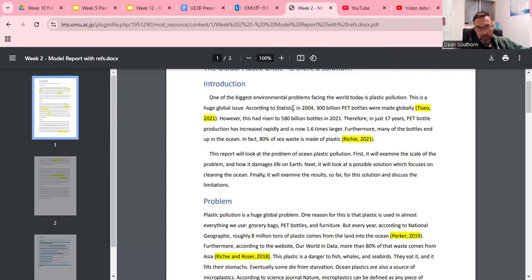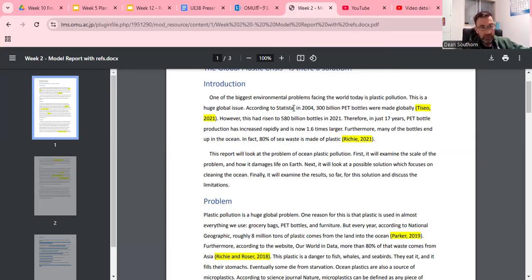So here, according to Statista, 300 plastic bottles were made in 2021. Sorry, in 2004.